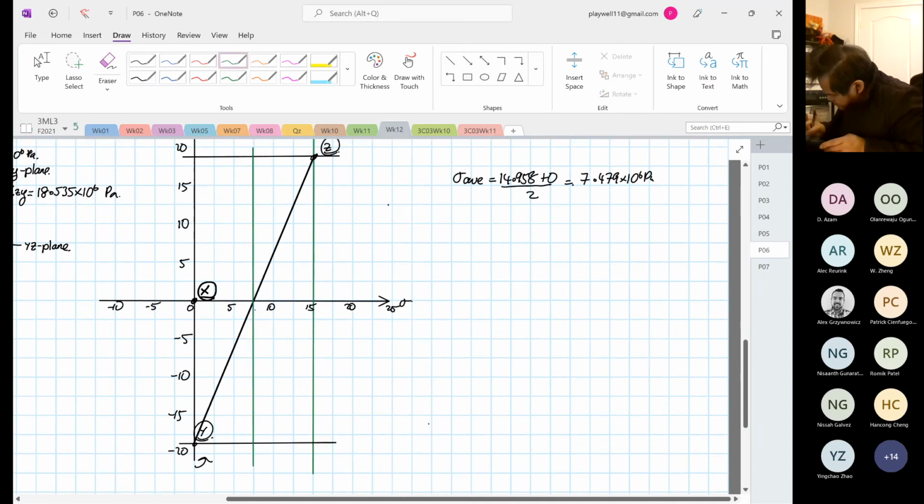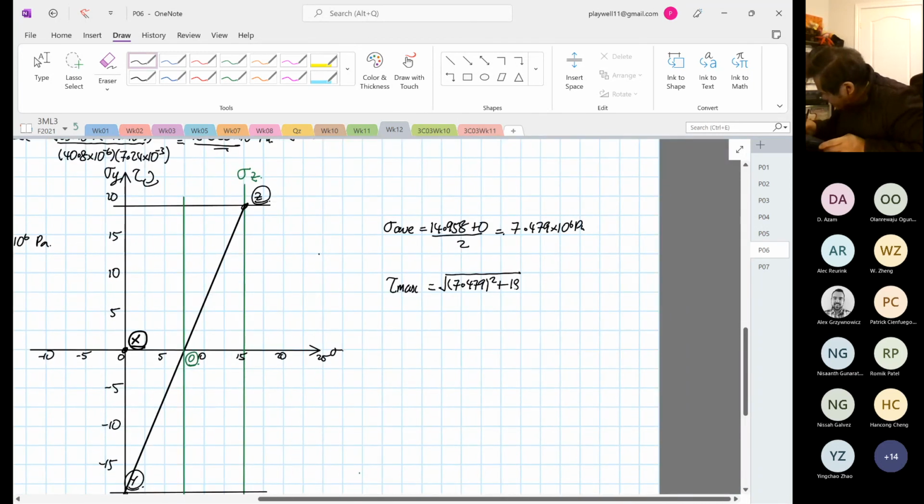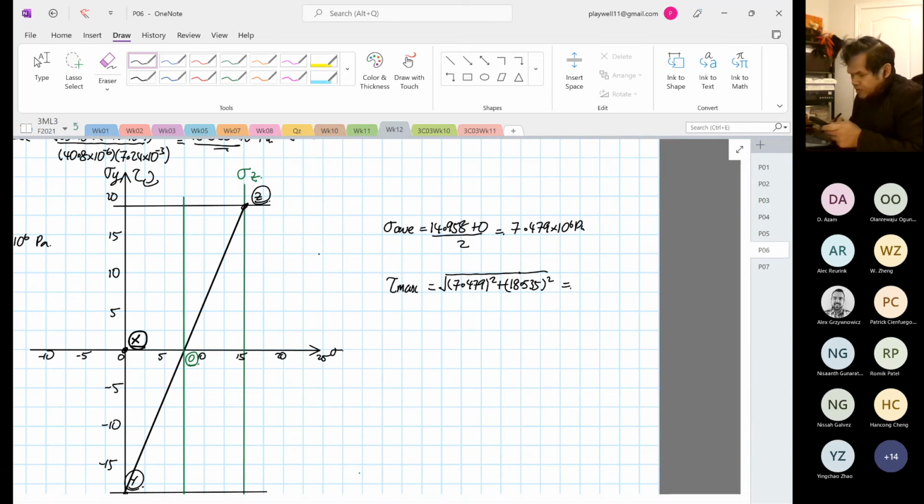Okay, our point O. Then we find our tau max, which is the radius of the circle. So it's 7.479 squared plus 18.535 squared, square root of the whole thing is equal to 20.